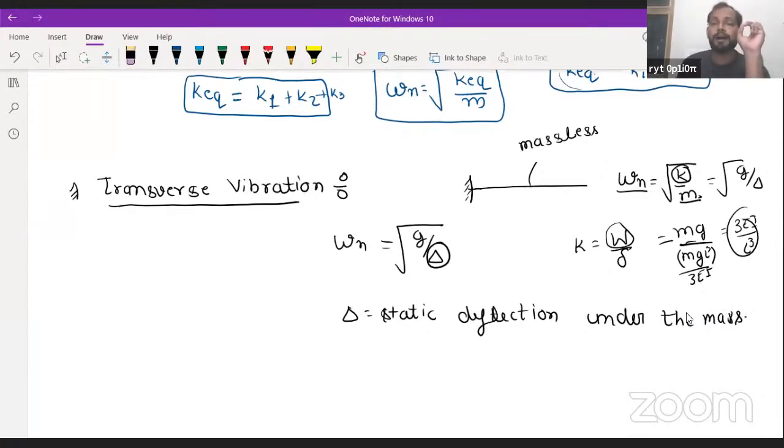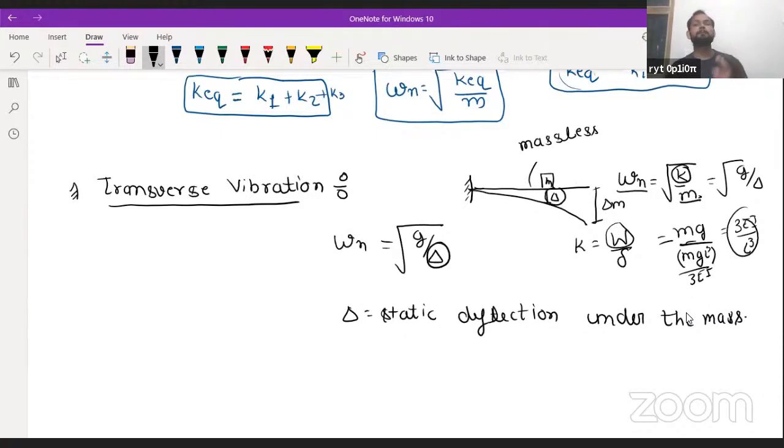For example, your mass is placed here. Then which delta will you consider? As you know, the beam will deflect like this. So you will always consider the delta under the mass. You will not consider the maximum deflection. You will calculate this deflection with the concept of strength of materials, put it in this formula, and you will get the natural frequency.